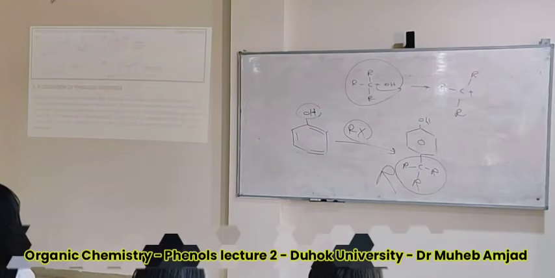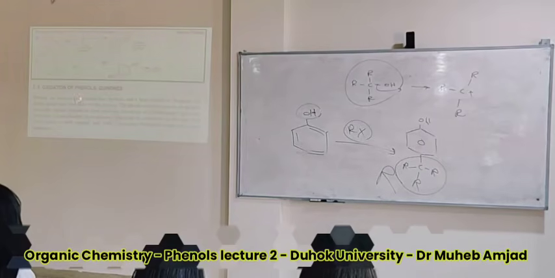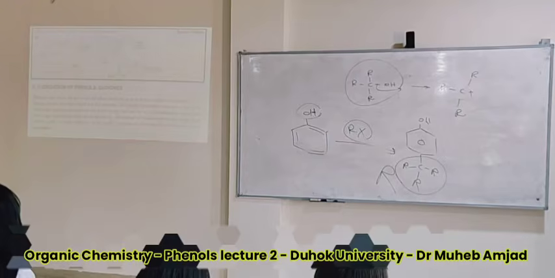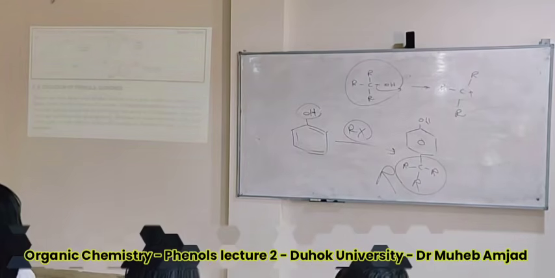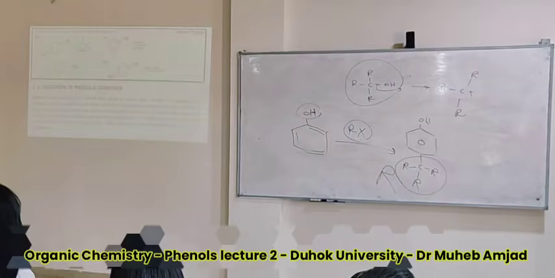So now the next type of reaction of phenol is the quinone. Quinone is an important compound also, but we have few types of reactions to produce the quinone from phenols. I will give you the idea here.